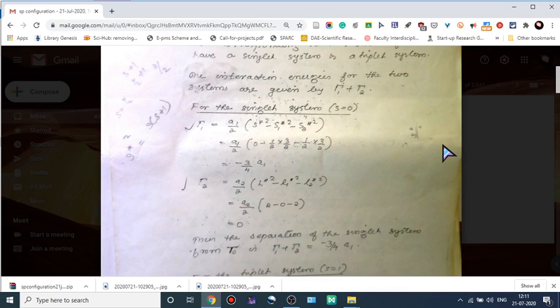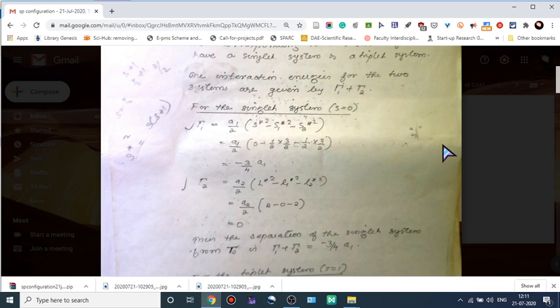See this one, gamma 1 equals A1 by 2 times S star square minus S1 star square minus S2 star square. For the singlet system, S equals 0. Substitute the S values into this equation, remembering that S star square is equal to S into S plus 1, or S star equals root of S into S plus 1.